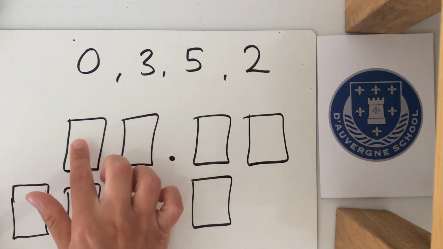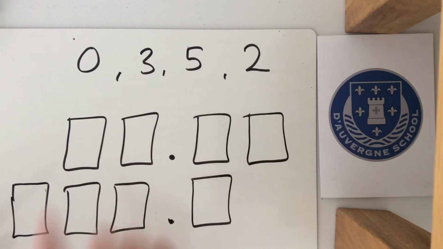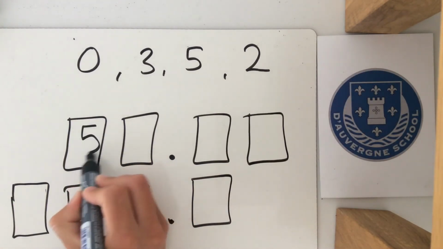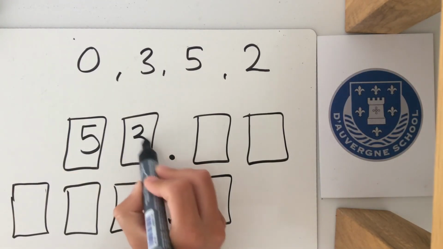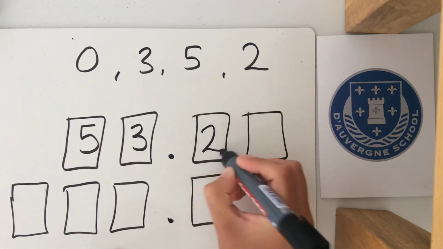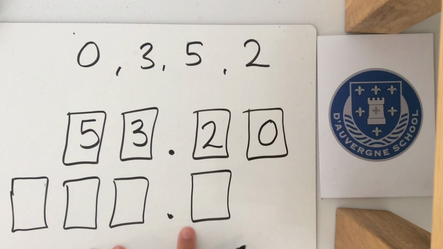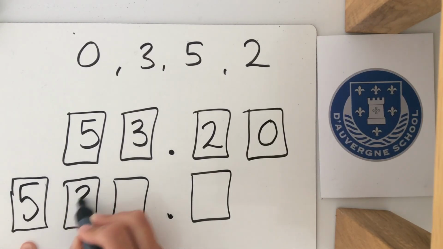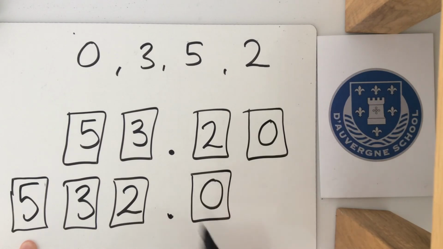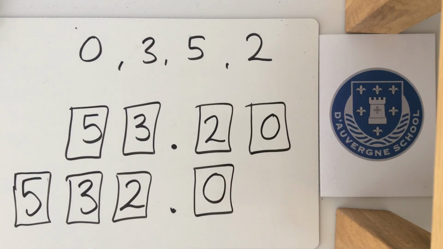So if we want to make the biggest number, we have to put the biggest number at the front, which is 5. Then the next biggest is 3, next biggest 2, and then 0. Okay, and that's the same wherever the decimal point is. So once again, from the biggest digits to the smallest.